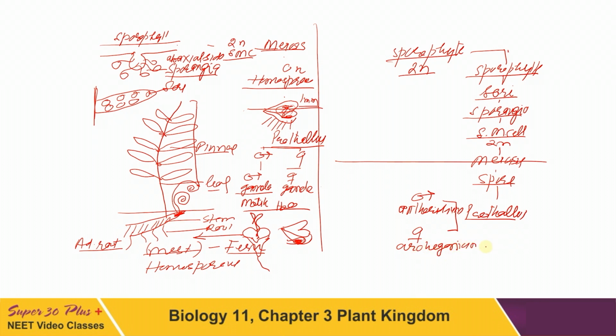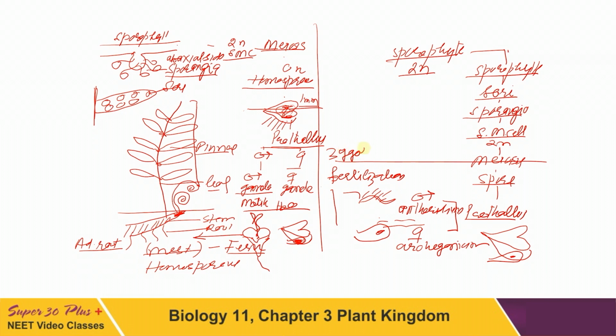Then water is required; the antherozoid here is coiled and multiflagellated. It will come to the archegonia, which are lying on the under surface of this prothallus. This antherozoid will come and fertilize, and as a result of fertilization the zygote will be formed.